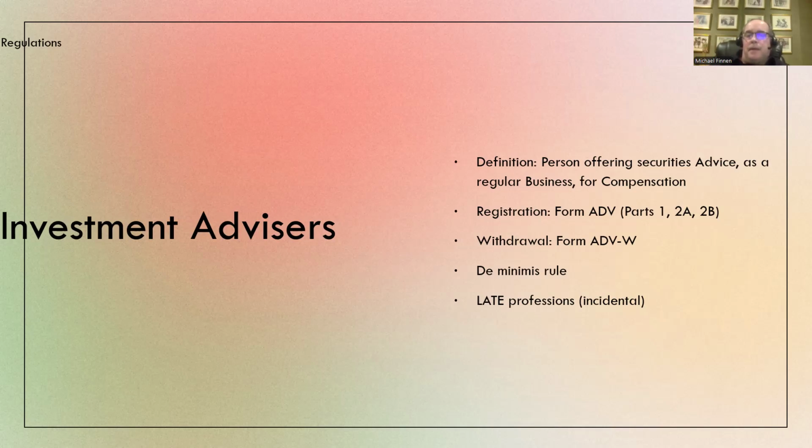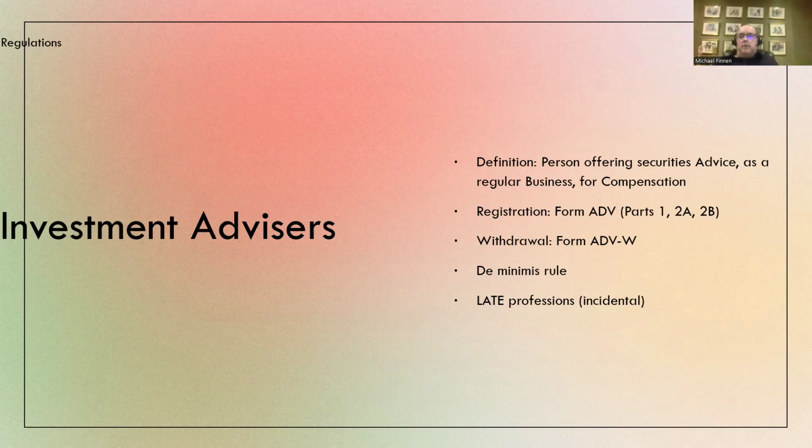When I say get paid, I mean get paid for the advice. You can get paid for your accounting, you get paid for your teaching. But if you're getting paid a separate fee for giving investment advice, then you have to register.